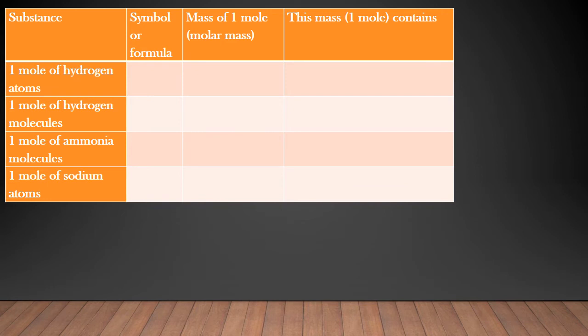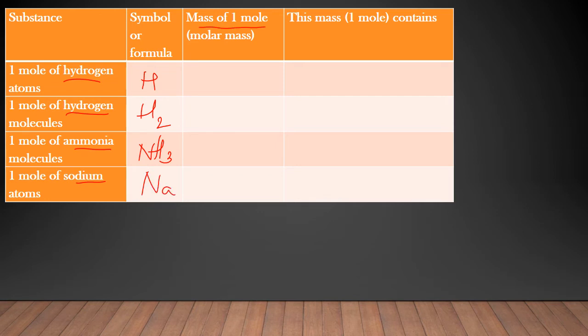Let us fill up this table so that we can compare and understand. I need to write the symbol for hydrogen atom, hydrogen molecule, ammonia molecule, NH3, sodium atoms, Na.